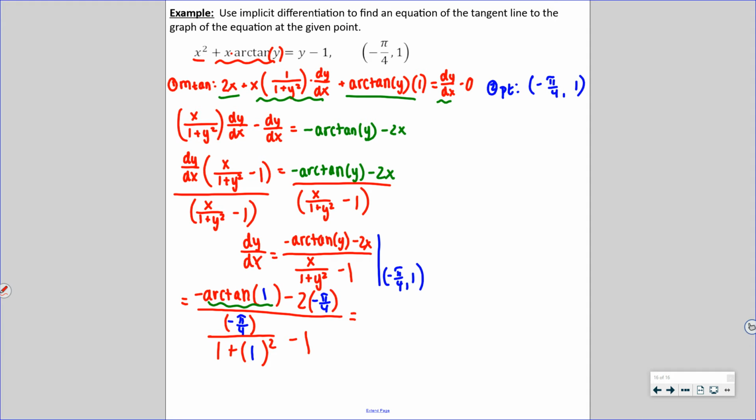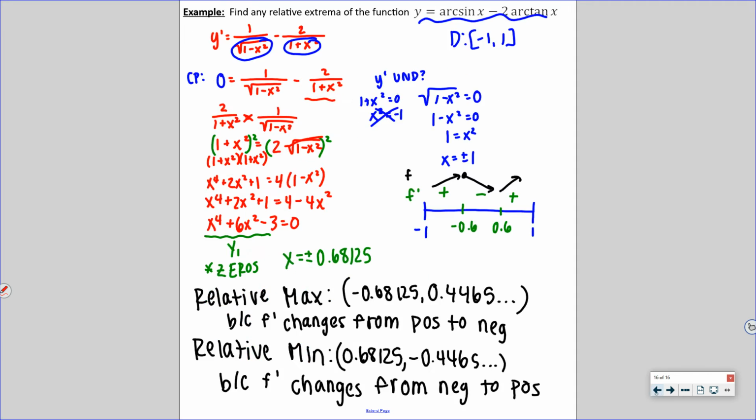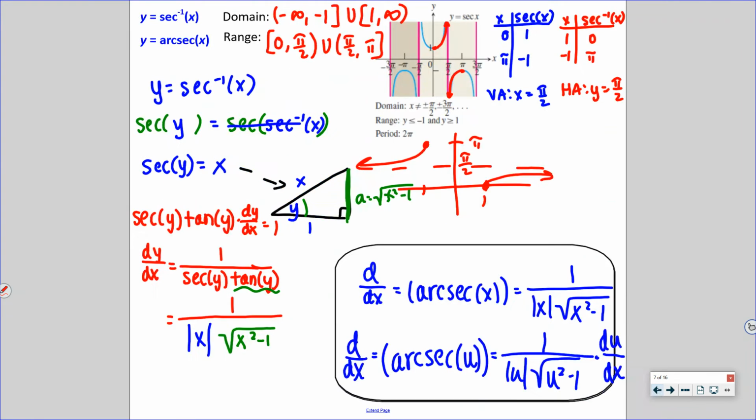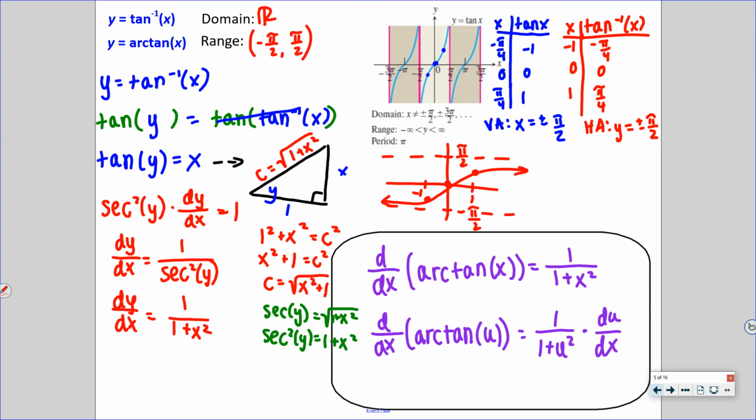So for inverse tangent, I always tell my pre-calc students, your answer has to be in one of these two quadrants. That's just how the inverse is defined. Remember we talked about all this when we did the graphs. Oh yeah, here it is. For inverse tangent, we talked about how we restrict the outputs to be between negative pi over 2 and pi over 2 so that it passes the vertical line test and it's considered a function.